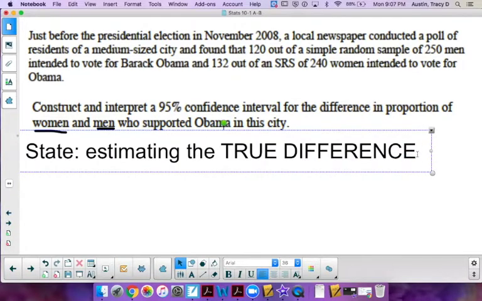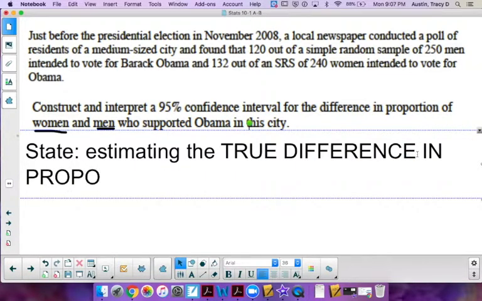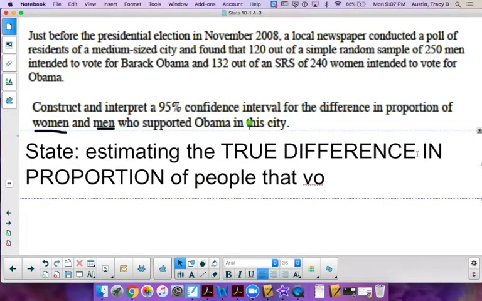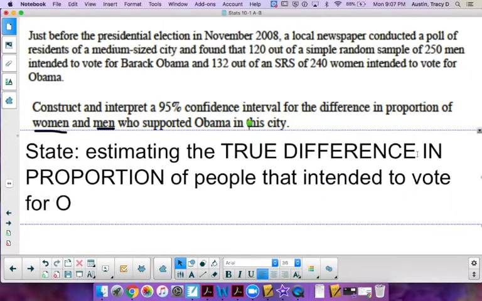True difference in proportion of people that intended, because we don't know if they actually did, to vote for Obama. And then we have to state which direction we are actually subtracting in.